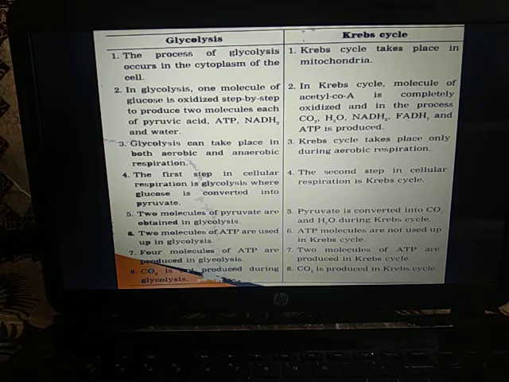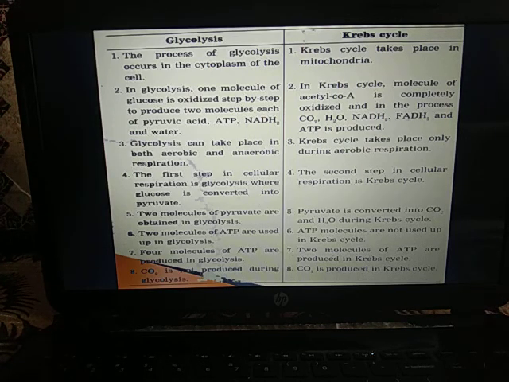The net gain of energy is equal to 24 molecules of ATP. 6 molecules of ATP can be produced from 2 NADH2 formed during the dehydrogenation of 2 pyruvate.